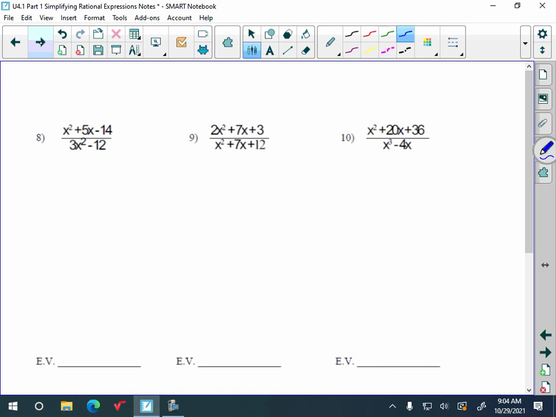All right, number 8, you have a trinomial on top, a binomial on the bottom. We have to factor. Okay, so again, use the x. Look for GCF. All right, so on top, negative 14 and 5, 7 and negative 2.